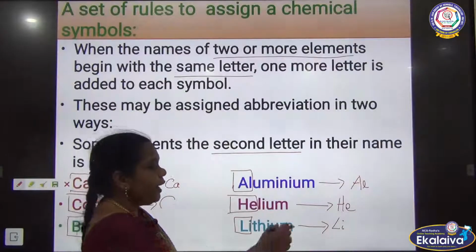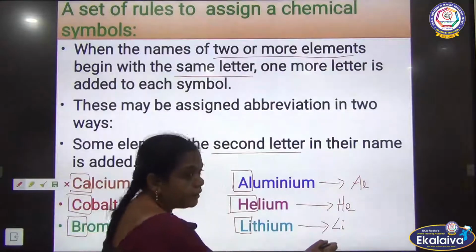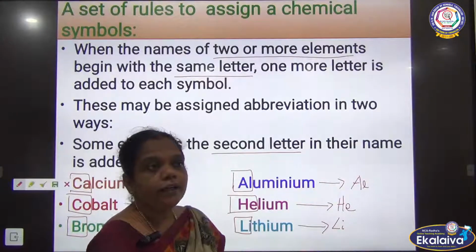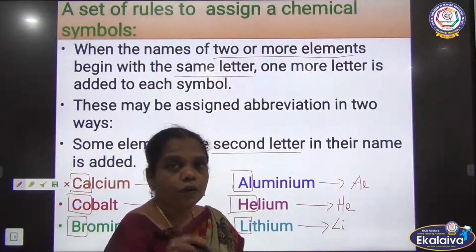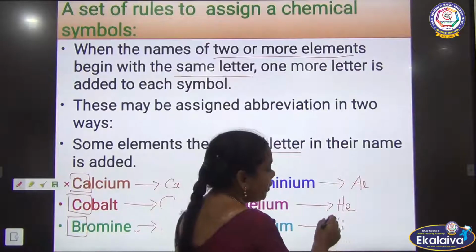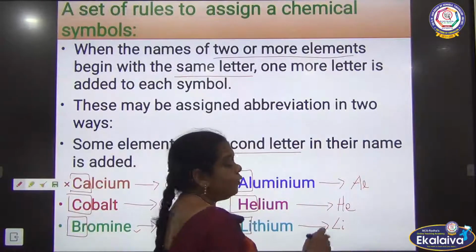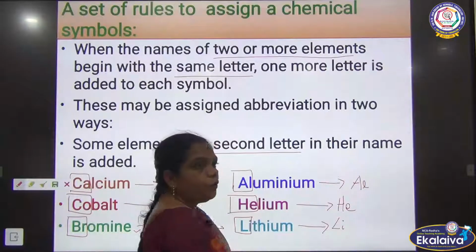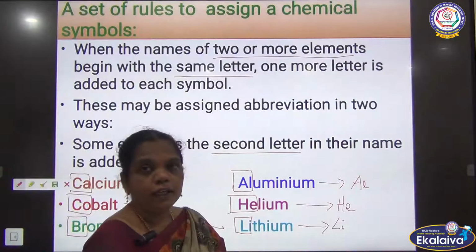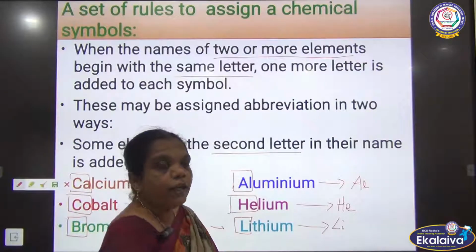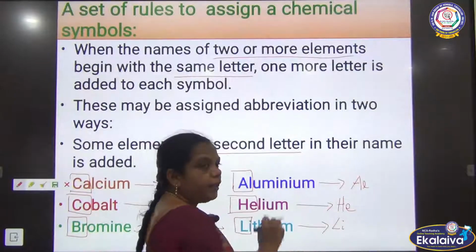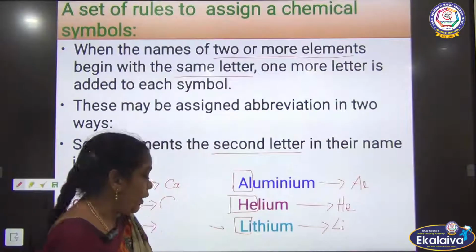If you see Li, you name it as lithium. If you see He, you should not read it as He. You have to name it as helium. Al means aluminium.